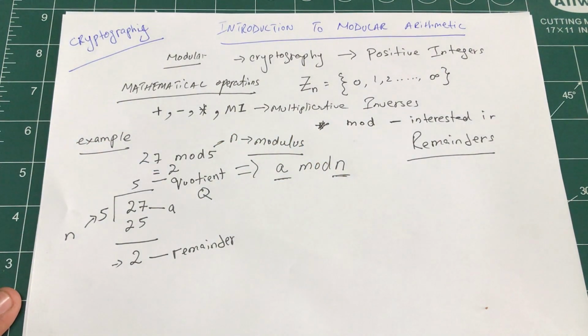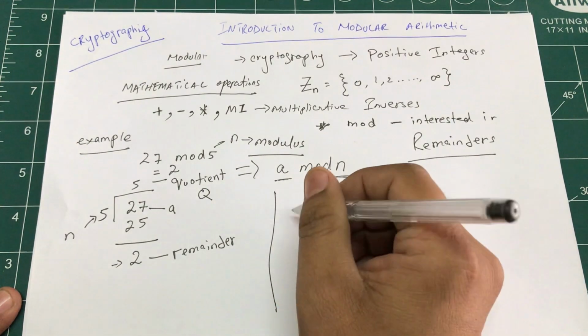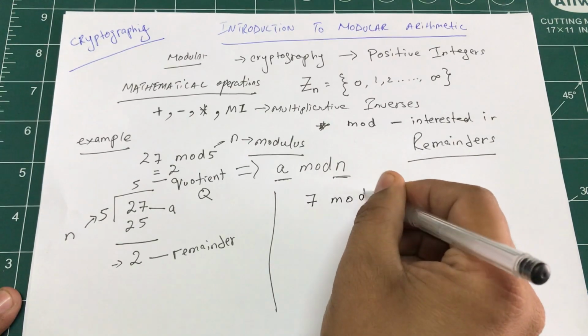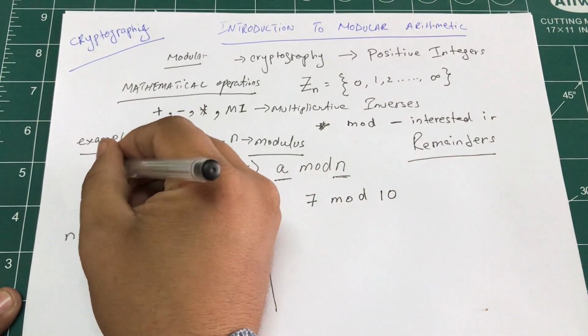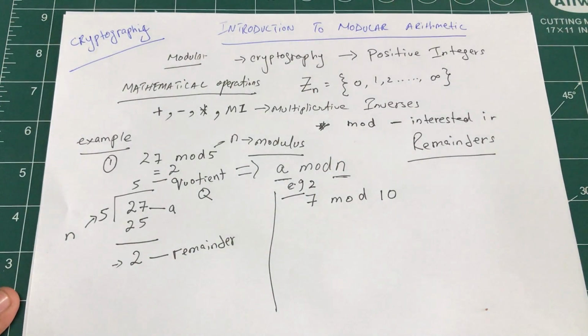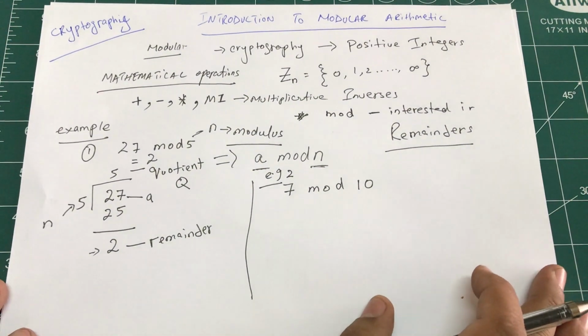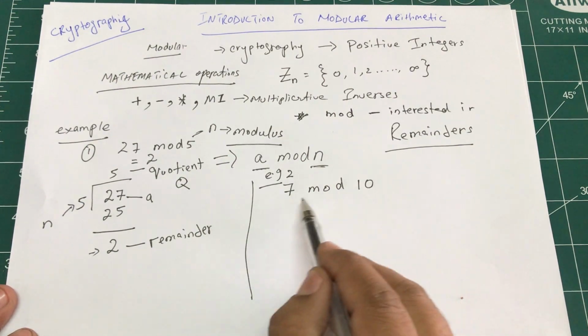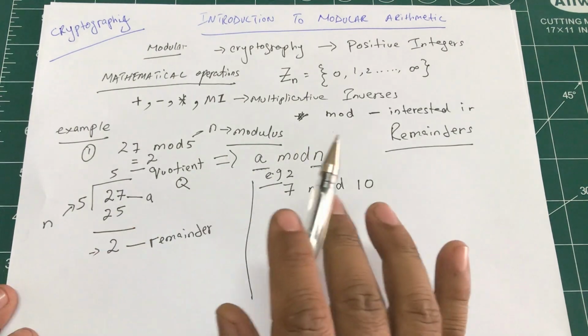Okay, let's do one more example. Let's say I have something like this: 7 mod 10. So that's example 2. Always remember that when your modulus is bigger and the number is smaller, you get the same number back. That's all you need to remember.